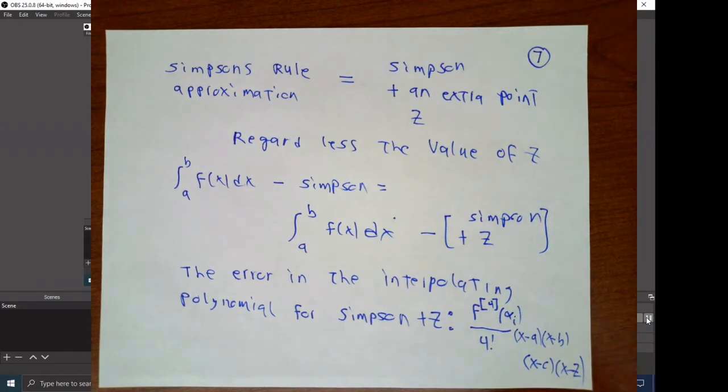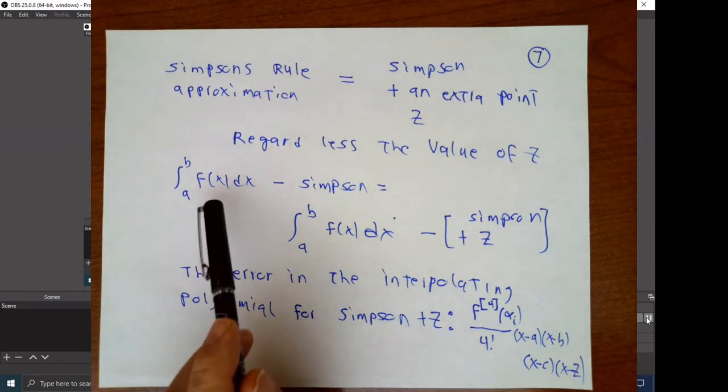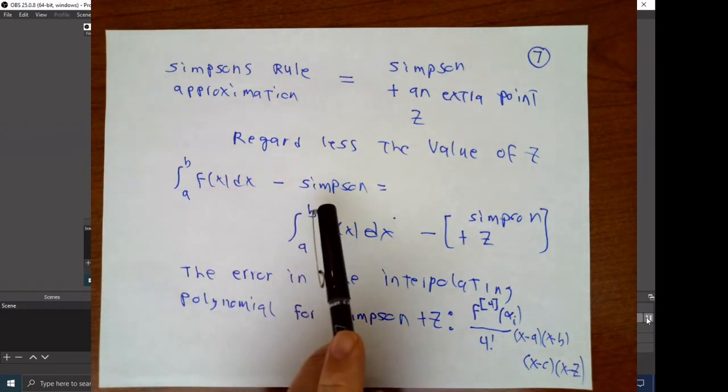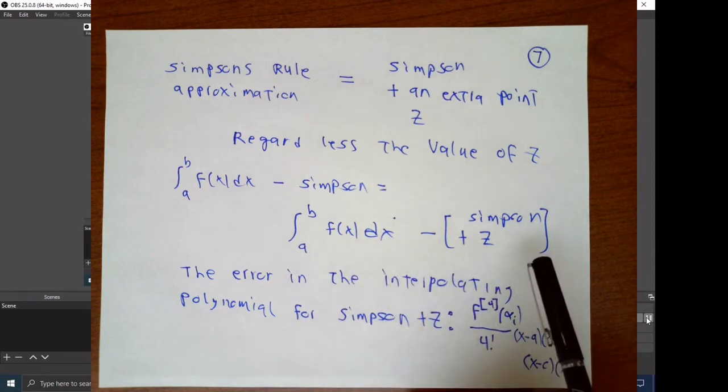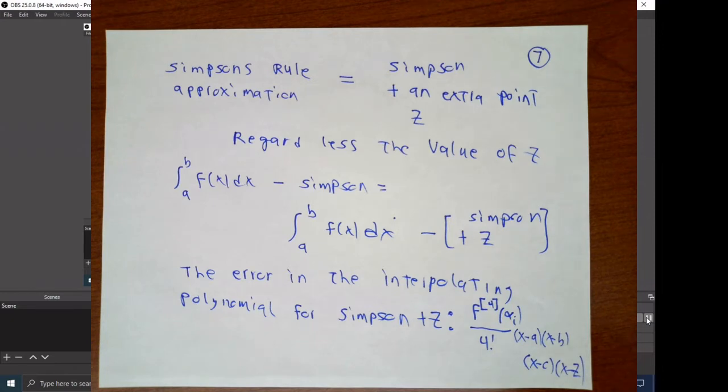This means the difference between the true value of the integral and what you get from Simpson's rule is the same as the difference from the true value of the integral and what you get from the Simpson's rule plus an extra point method. Therefore, the error in the interpolating polynomial for Simpson plus z is the fourth derivative over 4 factorial times x minus a, x minus b, x minus c times x minus z.